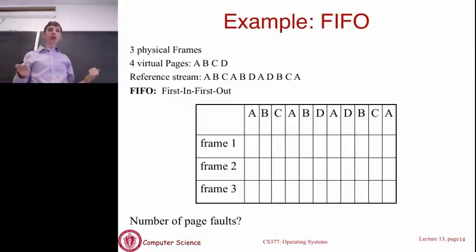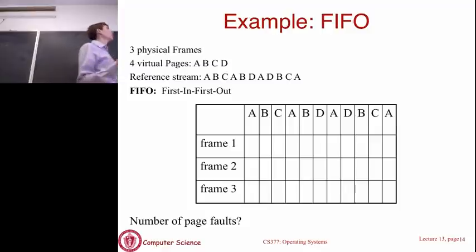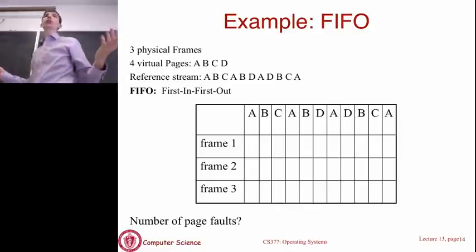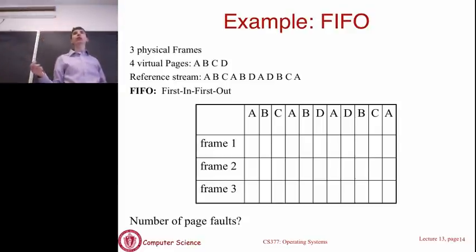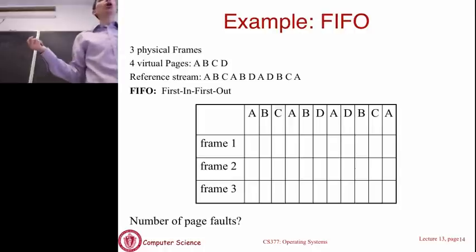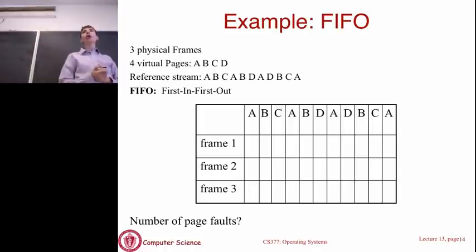So first, let's consider this using first in, first out. First, all the frames of memory are empty, because initially there's nothing. The first memory access that happens is A. So what's going to happen? Is page A in memory? No. Page A is not in memory, so that's going to cause a page fault, and we're going to bring it into memory.